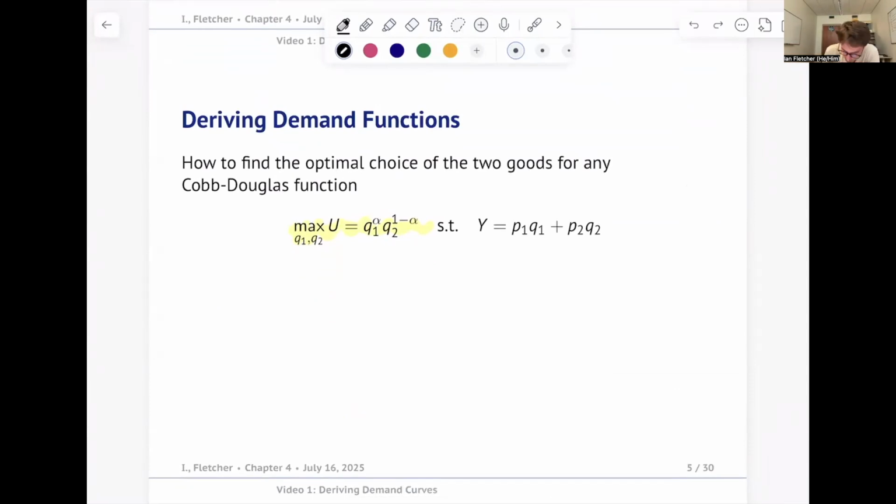If we wanted to, we could find the first order conditions, solve for the optimal values, and then substitute back.